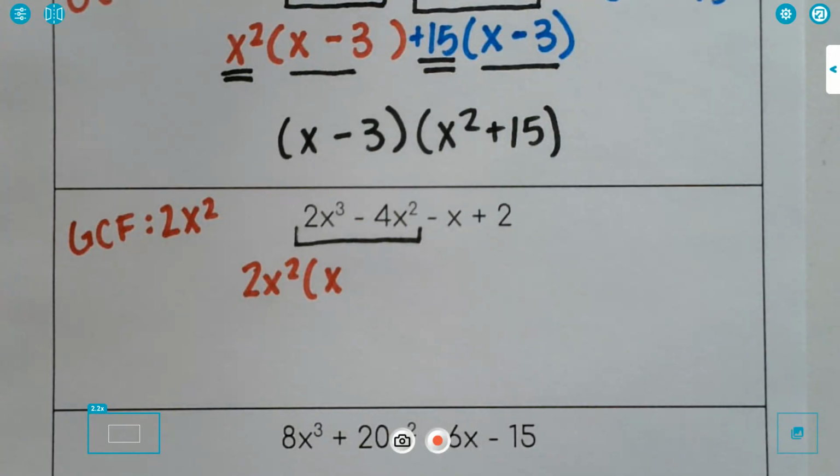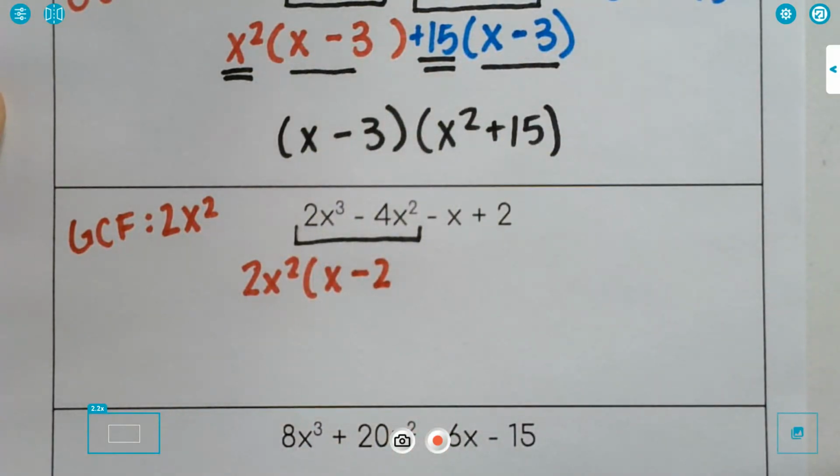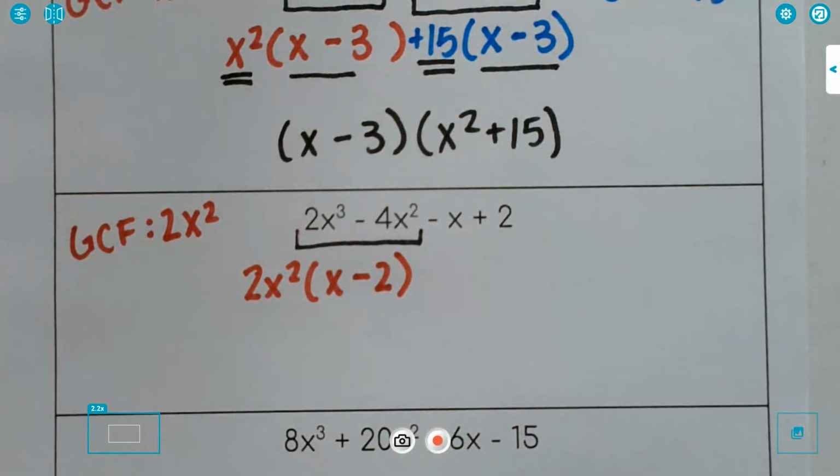Negative 4 divided by 2 is going to be negative 2. X squared divided by x squared completely factors out. Okay, any questions about that?